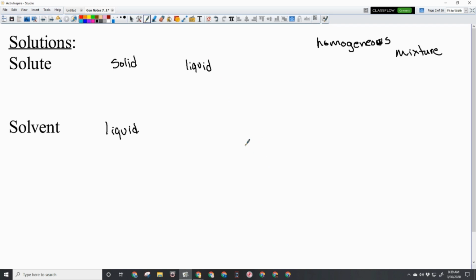More technically speaking, the solvent is the part that does the dissolving, and the solute is the substance dissolved. Make sure you pause and write this down, please.